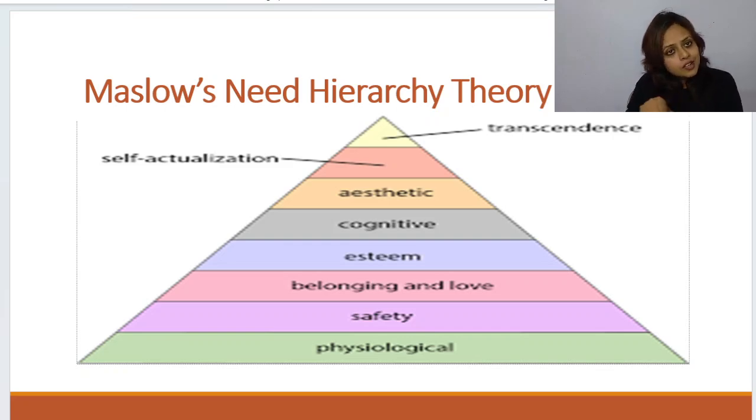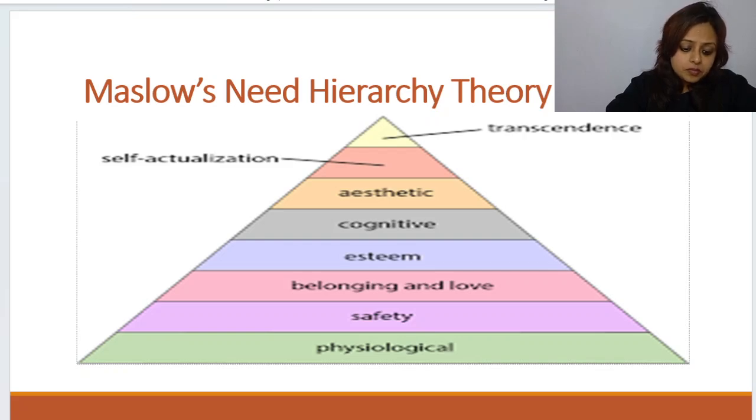So over here also Maslow stated that all these needs are arranged in a sequential order. So until and unless one need is satisfied, an individual can never move to the other need.